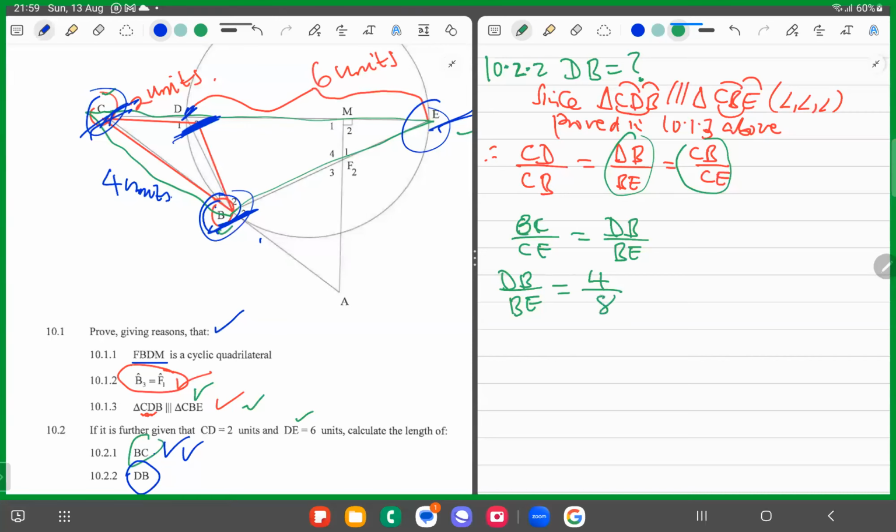This is 8 units. This is C and this is E, so it's 8 units. And this is 1/2. We cross multiply these things here. And then we get that BE is twice DB.